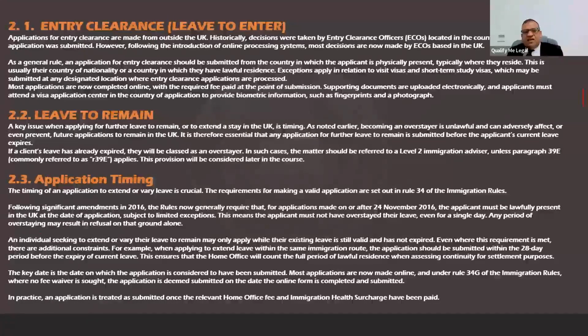For instance, following the significant amendment of 2016, the rules now require that for applications made on or after 24 November 2016, the applicant must be lawfully present in the UK at the date of application. This is an example of how they frequently change the rules and the guidelines.